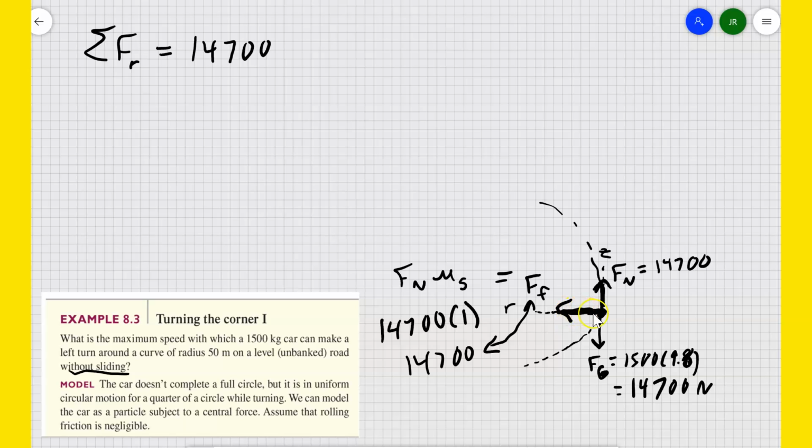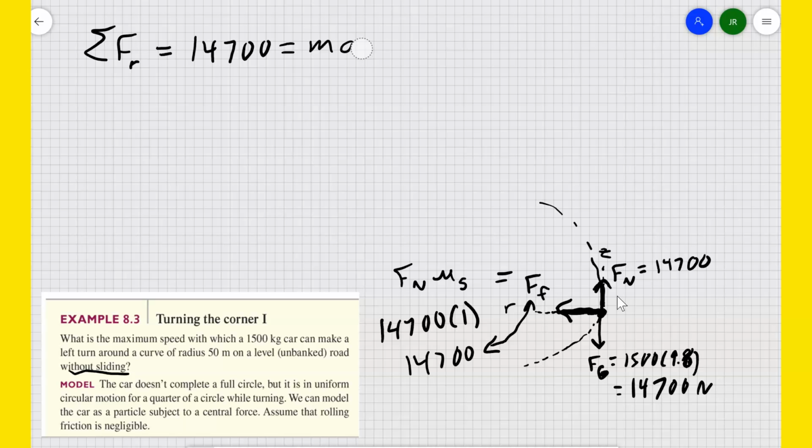Toward the center is positive, and left happens to be toward the center here. So left is actually positive in my drawing. So positive 14,700 is the only force happening in the R direction. And that's going to equal ma in the R direction.